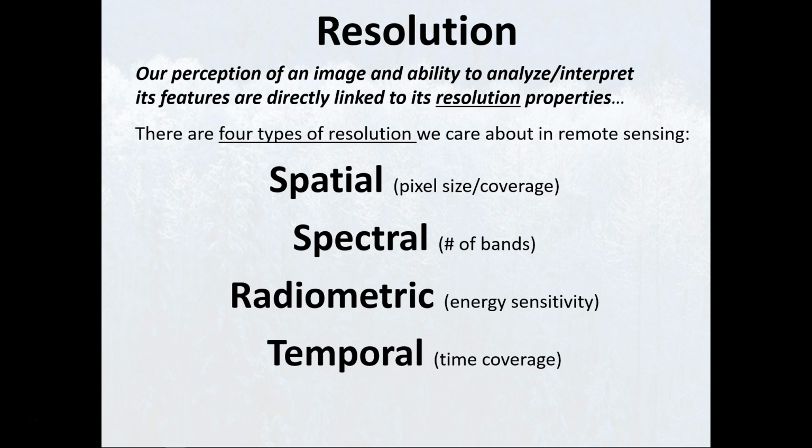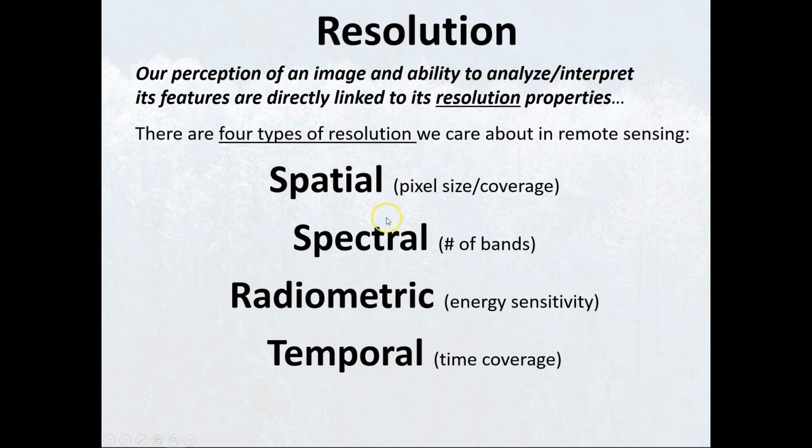Perspective is inherently linked to resolution. Our ability to analyze and interpret imagery is largely a function of its resolution properties, of which there are 4 major types. Spatial resolution, which we've delved into quite a bit in lab already. Spatial resolution in remote sensing mainly refers to the pixel size and coverage of an image.